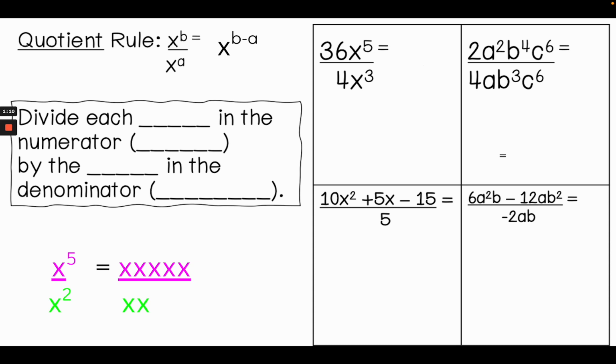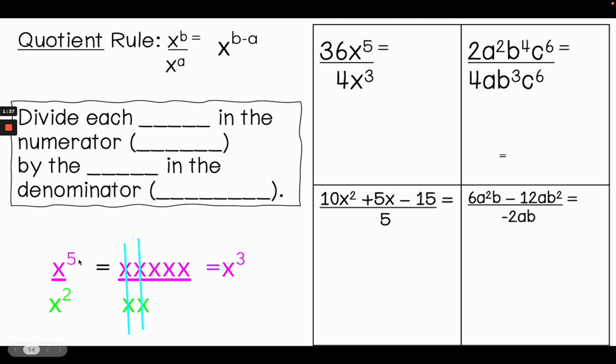If we were to divide cancel, we would take this x divided by this x and this x divided by this x, and this would end up just being 1 times 1 times x times x times x. So what I have left is just 3 x's on the top, and when I multiply them together, I get x to the 3rd power.